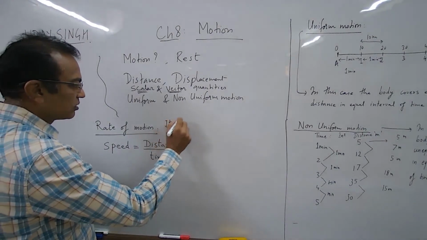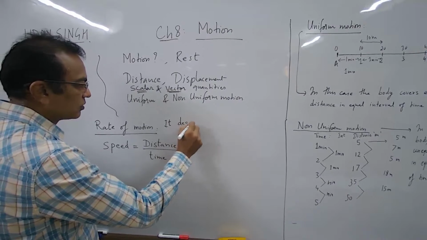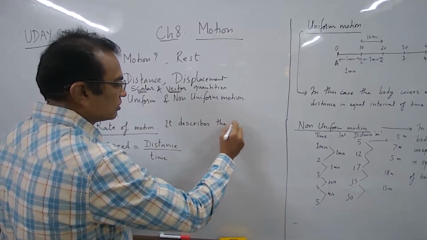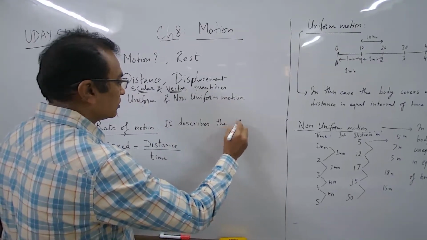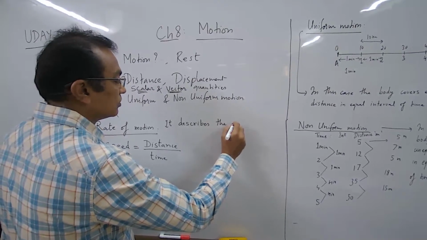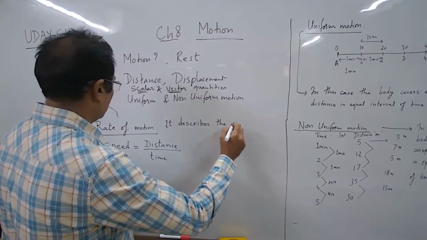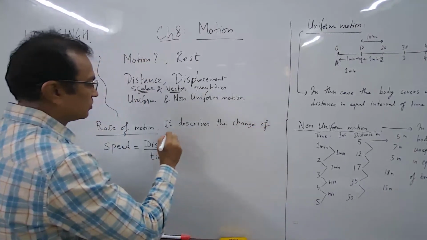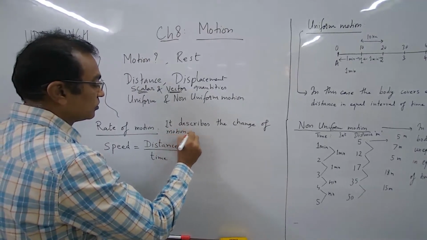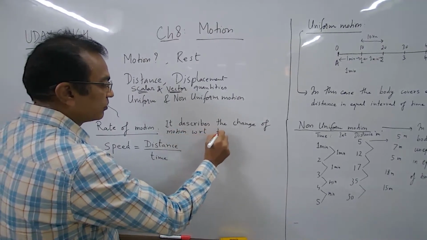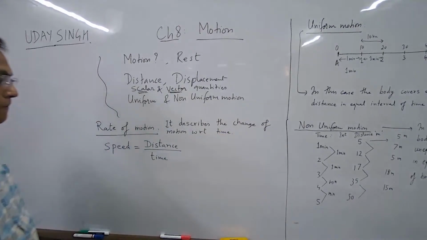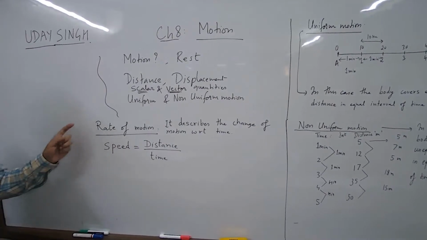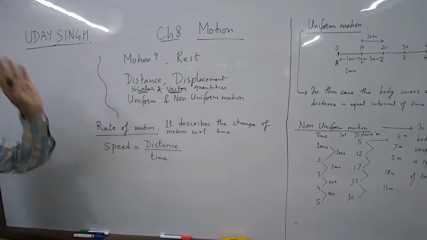So it describes the rate of change of motion with respect to time. Okay, so how do we define speed? Rate of motion is anything to do with how the motion is changing with respect to time.